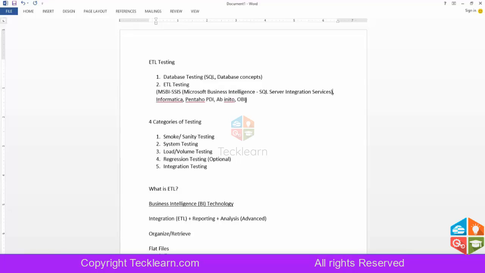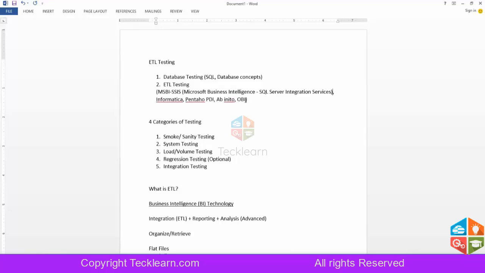There will be, say, a two or three day workshop to understand how to use the tool to run the solution, to analyze it, and to debug it. Nothing more than that. You don't have to understand the entire technology of the tool. A tester should understand more of the domain to carry out ETL testing.